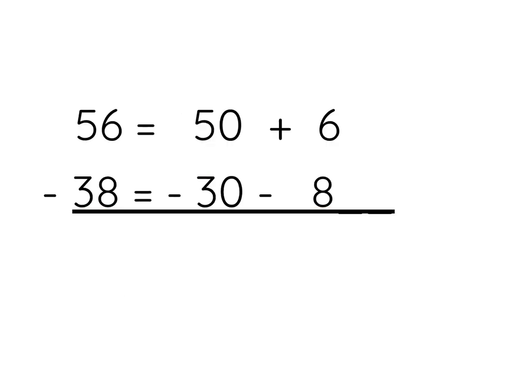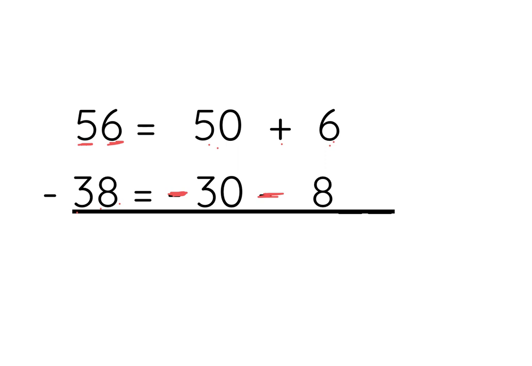Okay, again, 56 equals 50 plus 6. Notice in expanded form, I am writing the value of each digit. So the 5 is worth a 50, the 6 is worth 6 ones. Now I'm going to subtract a 38, so I make sure that I write a minus 30 minus 8.